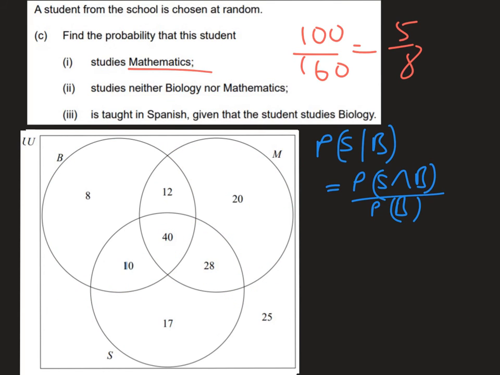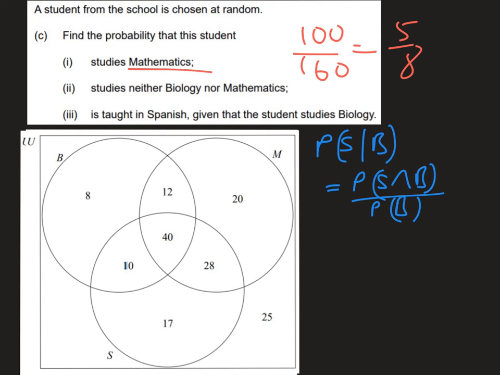The alternative way of working this out is to use the conditional probability formula, which we've got here. So we want to find the probability that they do Spanish given that they do biology. That's going to be using the formula, the probability that they do Spanish and biology divided by the probability that they do biology. So let's look at these individually.